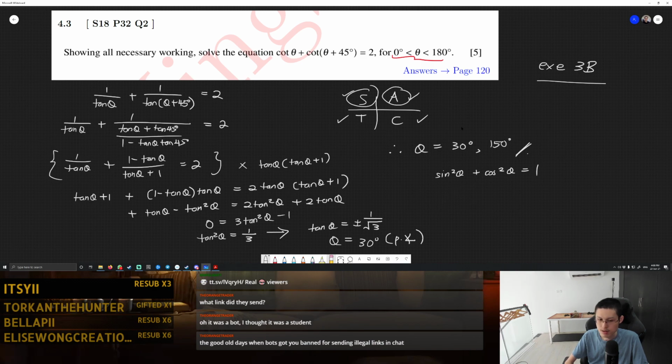Let me just write it out. If I divide everything by sine squared x, I'm going to get something like this. So that's going to give me 1. This one is going to give me cotangent squared theta. This is going to give me cosecant squared theta. So that's our second identity.